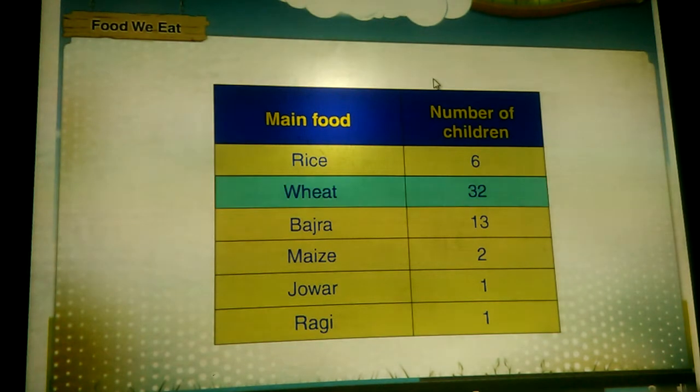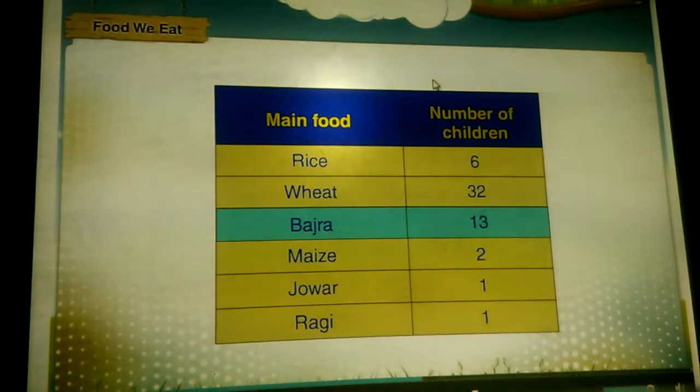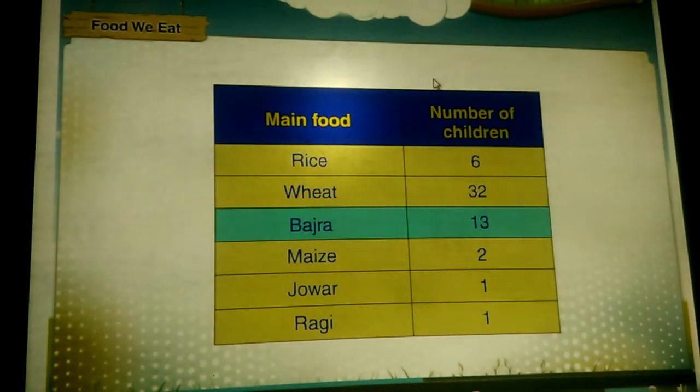The number of children eating wheat is 32. The number of children eating bajra is 13. The number of children who consume maize is 2. The number of children who eat jawar is 1. And the number of children who consume ragi is 1.